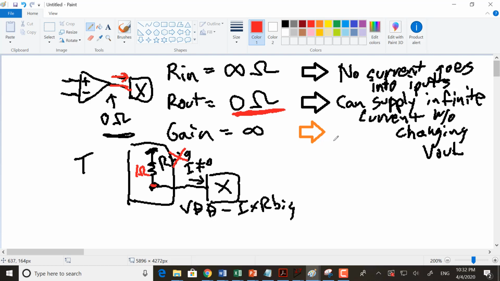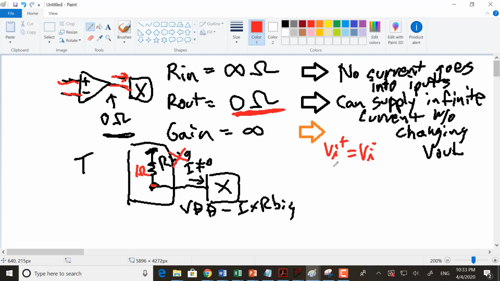There are a number of different ways to build operational amplifiers, and we're going to build this traditional two-input amplifier. In our case, when you say gain equals infinity, that means Vi+ equals Vi-. These two are saying the same thing.